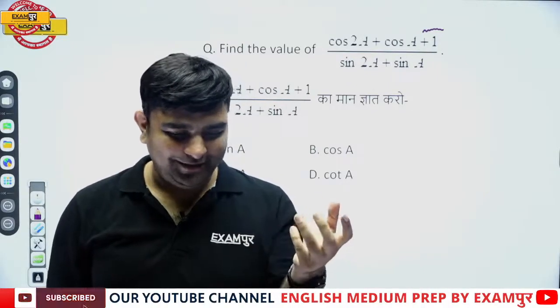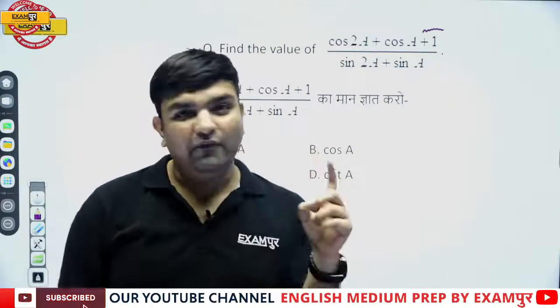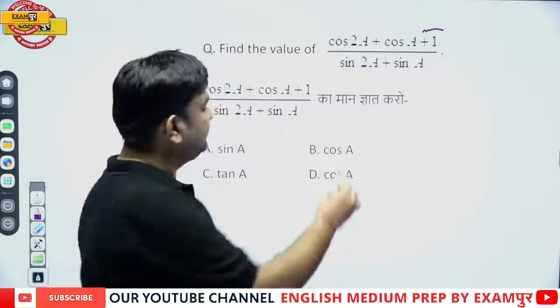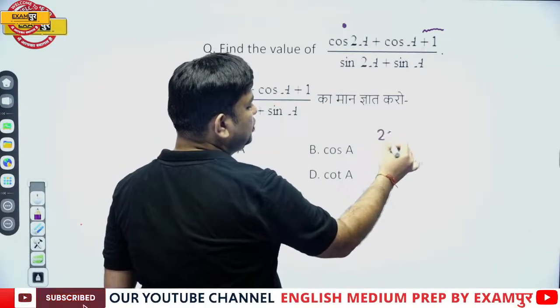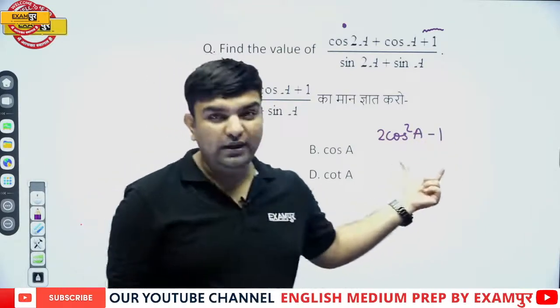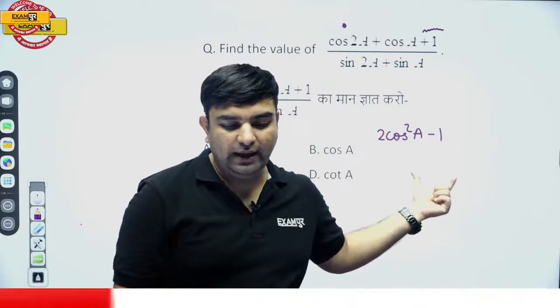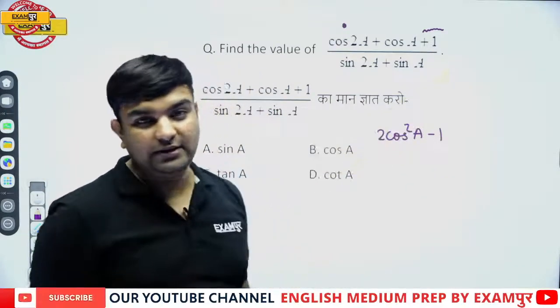Think of a formula in which minus 1 comes. So I am putting this as 2 cos square a minus 1, so that this minus 1 and that plus 1 will get cancelled out.